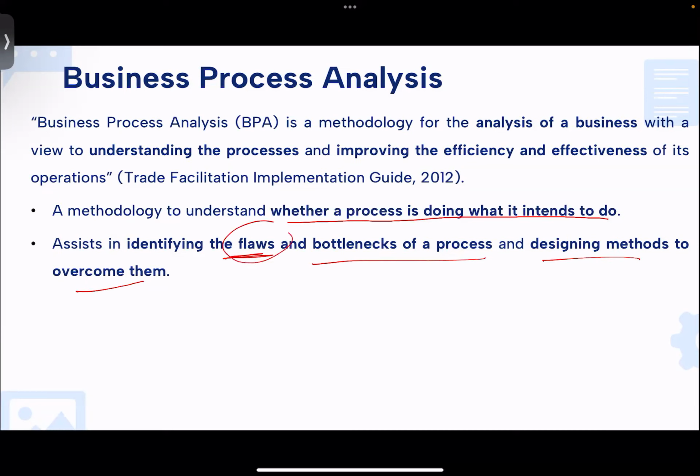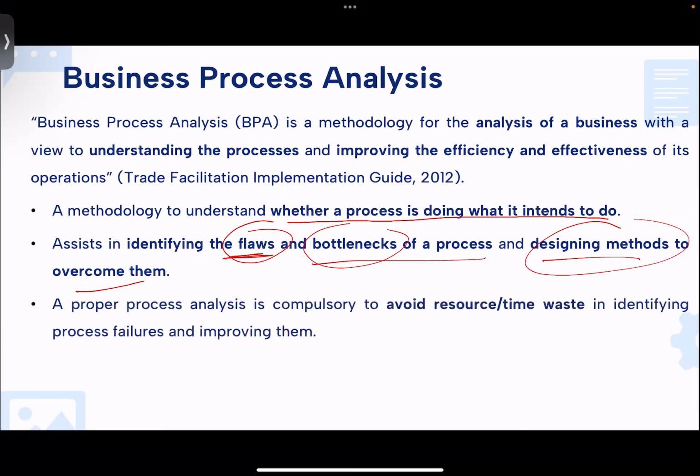So basically it is identification of inefficiencies and improvements through design. A proper process analysis is compulsory to avoid wasting resources and time in identifying process failures and improving them. Through conducting a process analysis, you can identify any flaws and bottlenecks, and through that, you can improve them. So that's another definition of business process analysis. I hope everyone is clear.